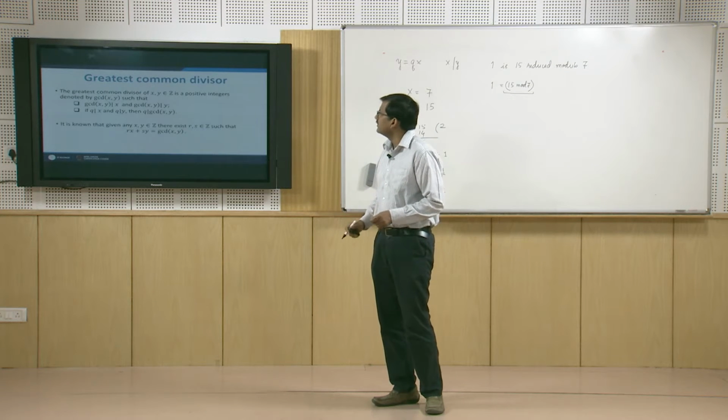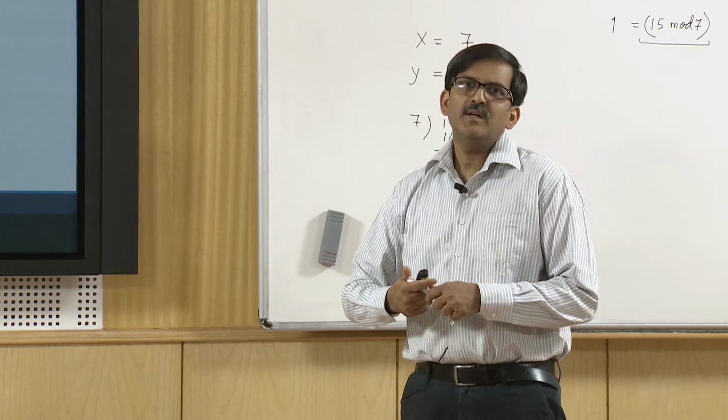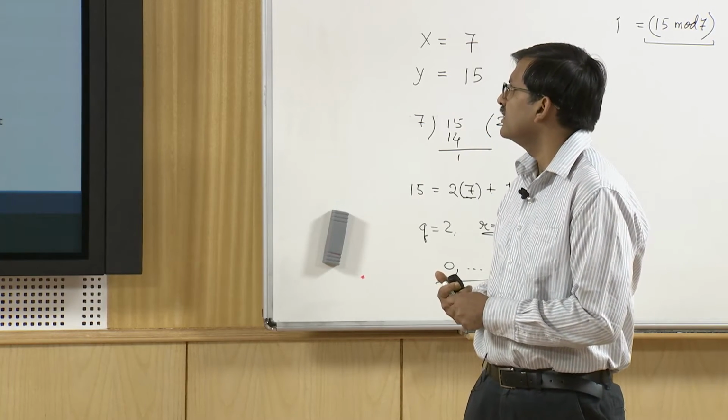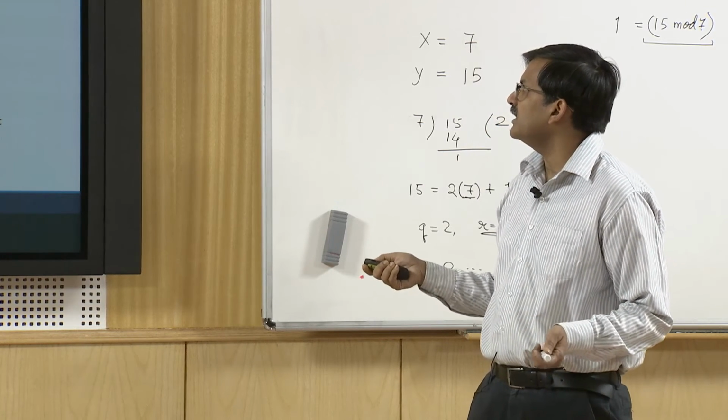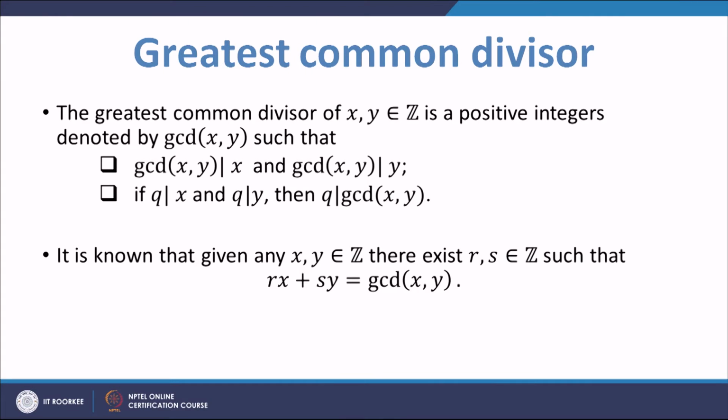Now, next step, we also know what a greatest common divisor between two integers is. Suppose we have two integers x and y. The greatest common divisor of x and y is written as GCD of x and y, and it is a positive integer by definition which divides both x and y.